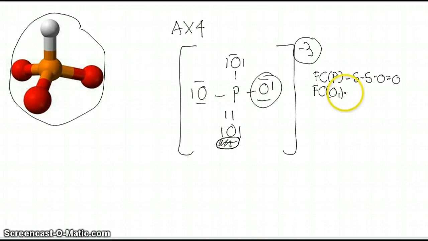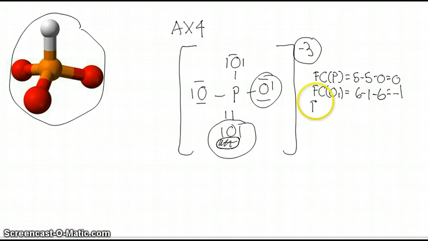We will do 6 minus 1 minus 6 equals negative 1. Then to find this oxygen, we will do Fc of O2. We will do 6 minus 2 minus 4 equals 0.